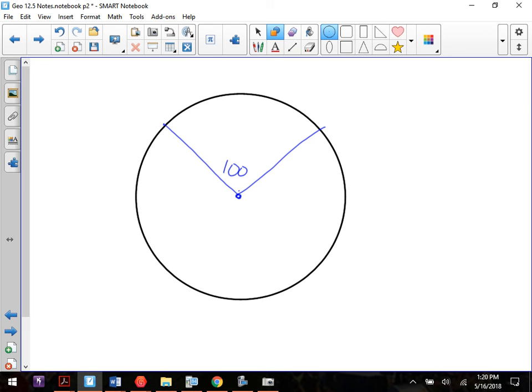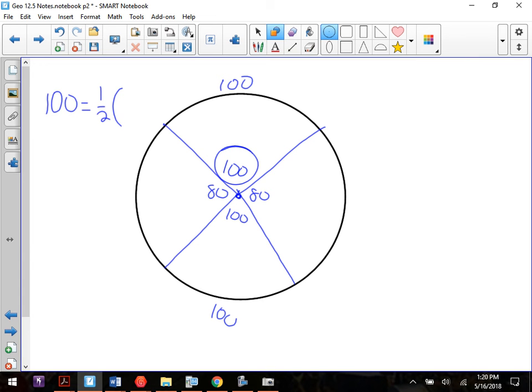And if I created this to be a diameter, that means this one would have been 80, this would have been 100, and this one would have been 80. Do you guys agree? Now, that means that this arc is how much? Which means this arc is. So this central angle, is it outside, inside, or on? It's inside. So the angle 100 has to equal half of the two arcs that it hits, 100 plus 100. Well, what's 100 plus 100? What's half of 200?